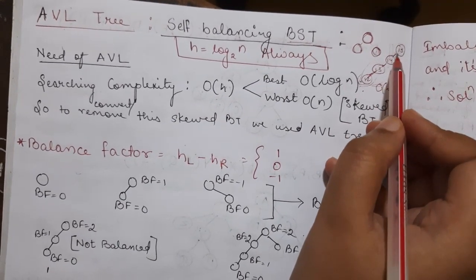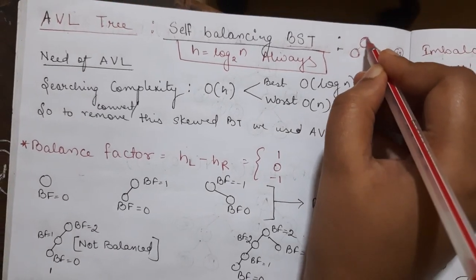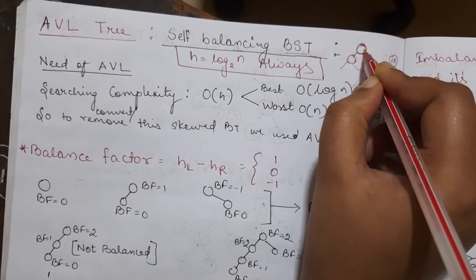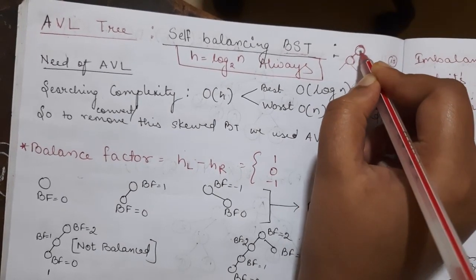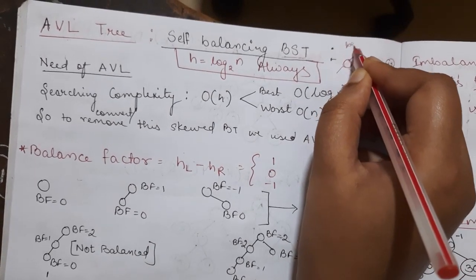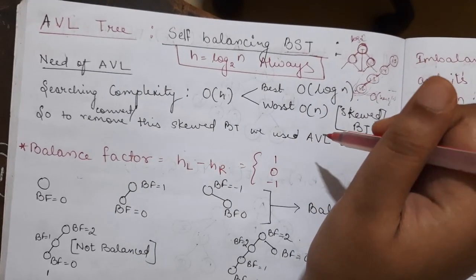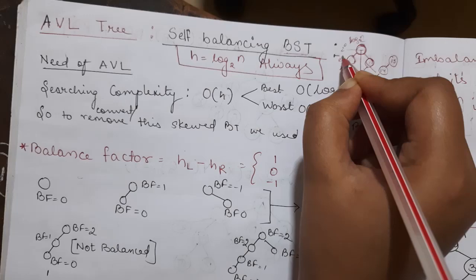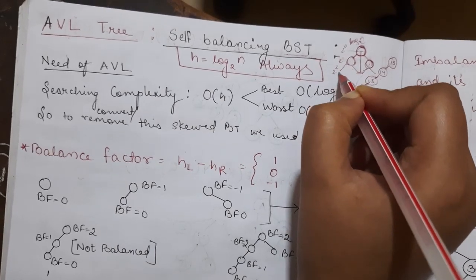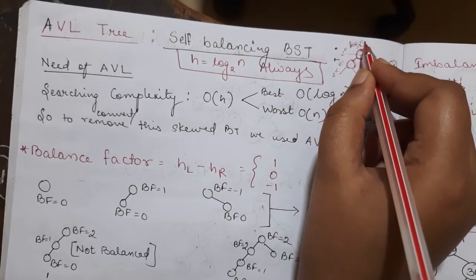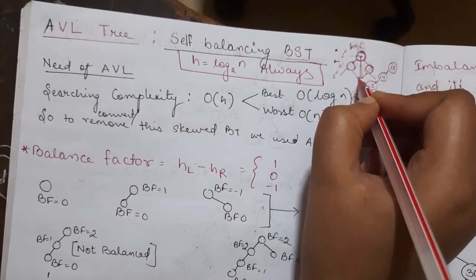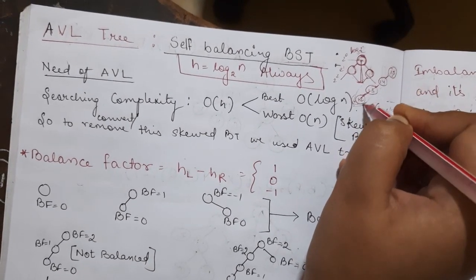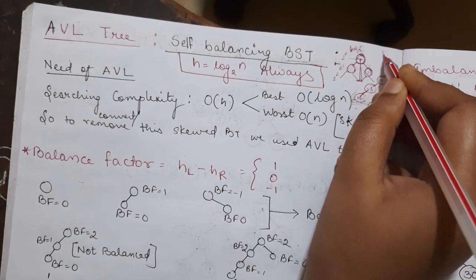But if the binary tree was balanced like this, then for n nodes the height of the tree is log n base 2, because this is 2 to the power 0, 2 to the power 1, 2 to the power 2. So like that, log n base 2 is the height. But if it is skewed, then the height is the same as n.